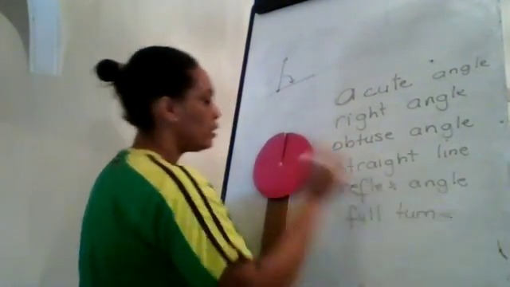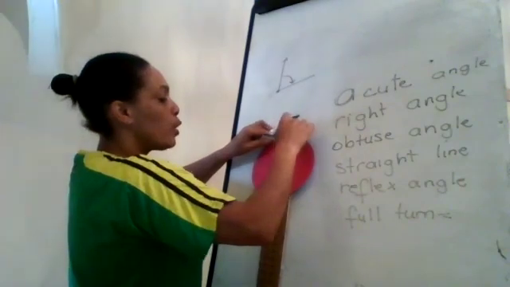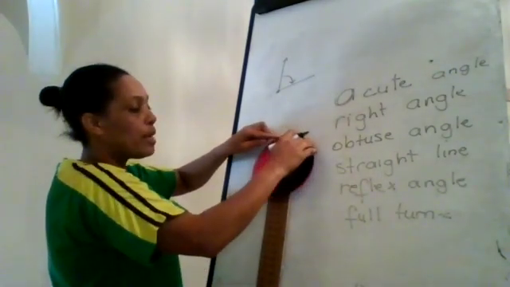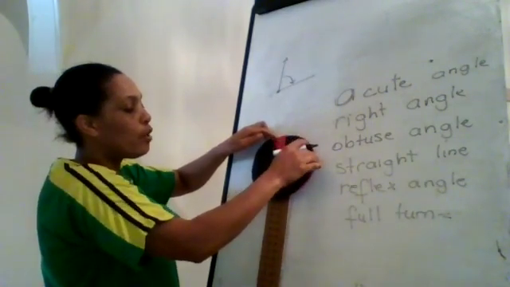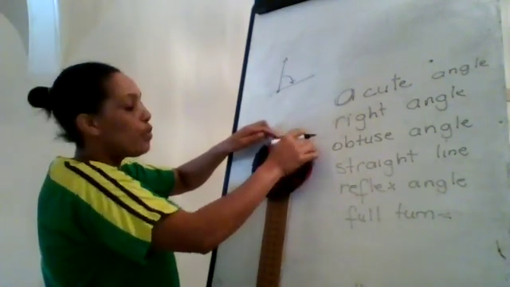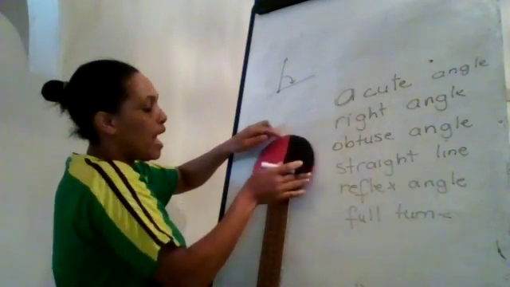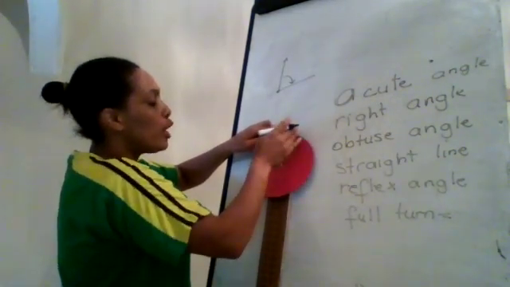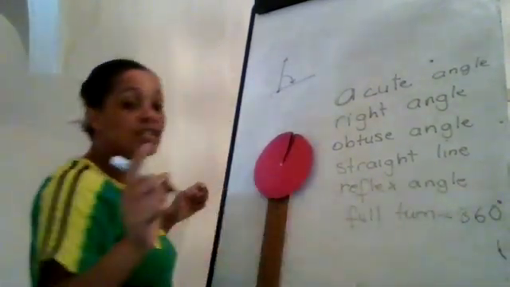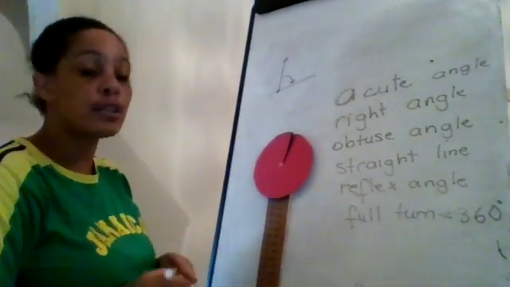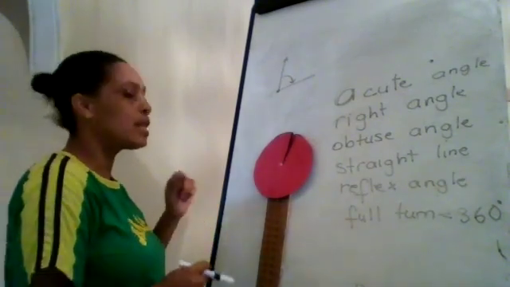For a full turn, we're going all the way around. So we've covered all of that red, all the way around. A full turn. And I know that you know that a full turn is 360 degrees. So I want us to start from that as our starting point. A full turn is 360 degrees.